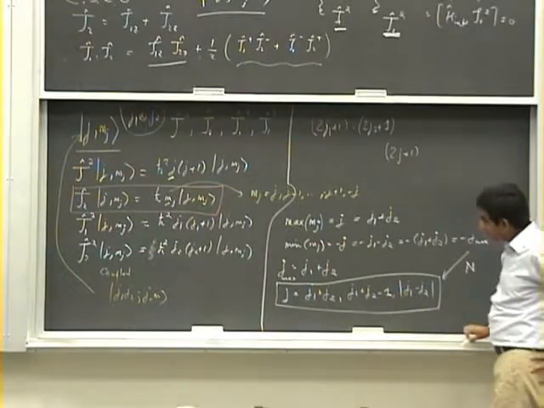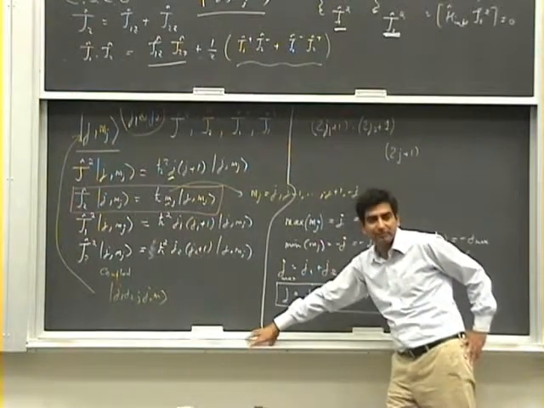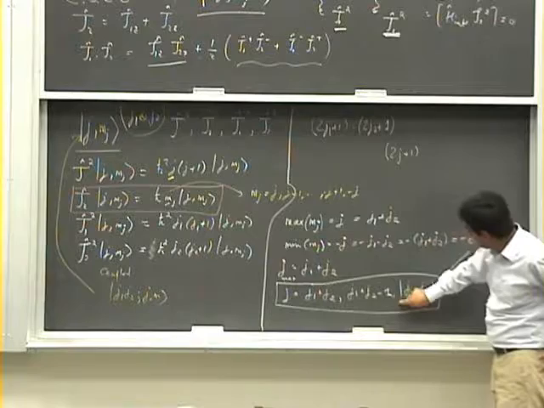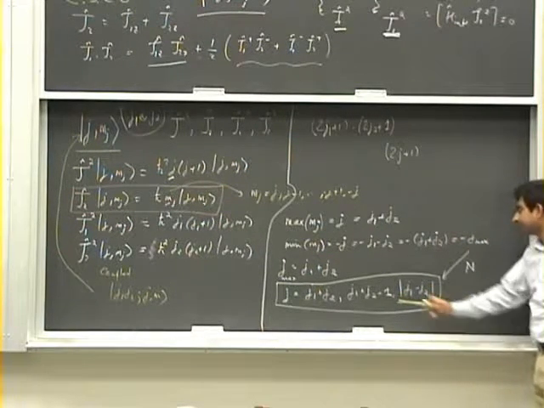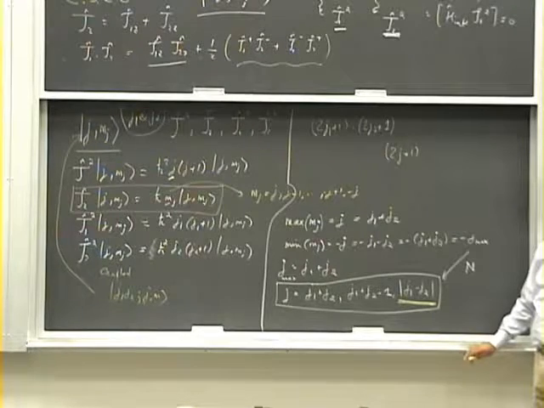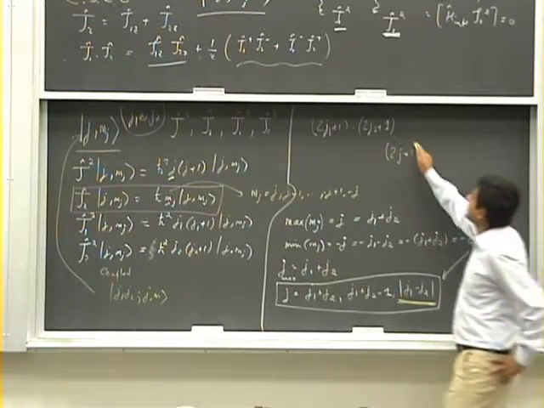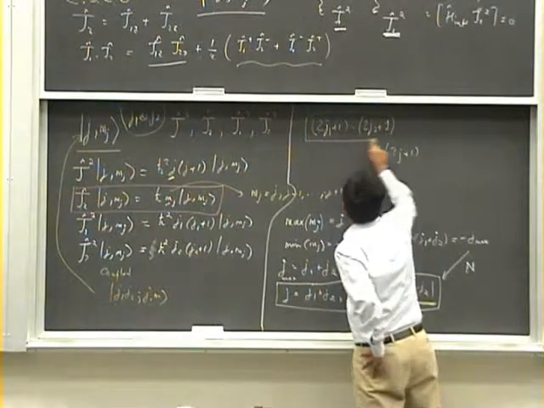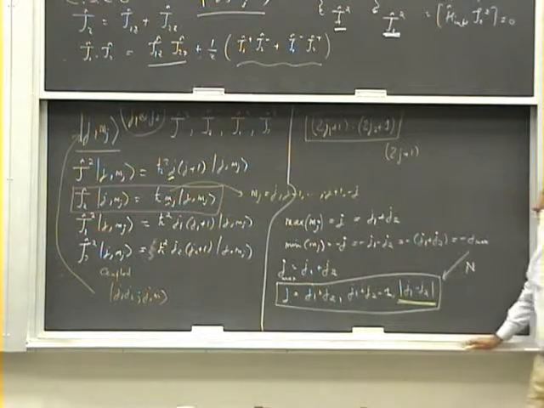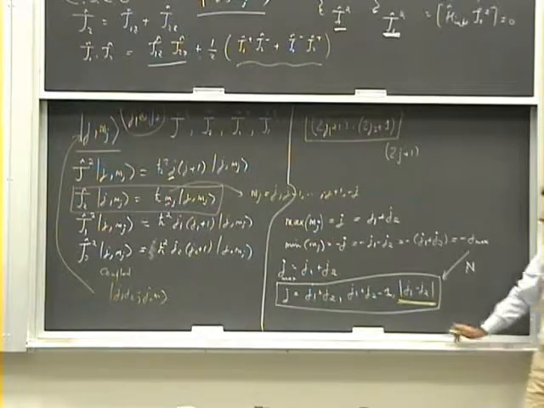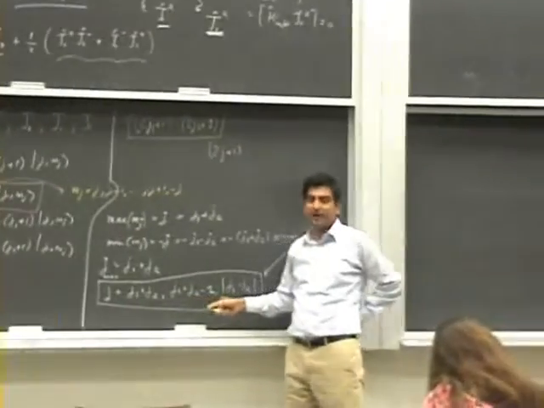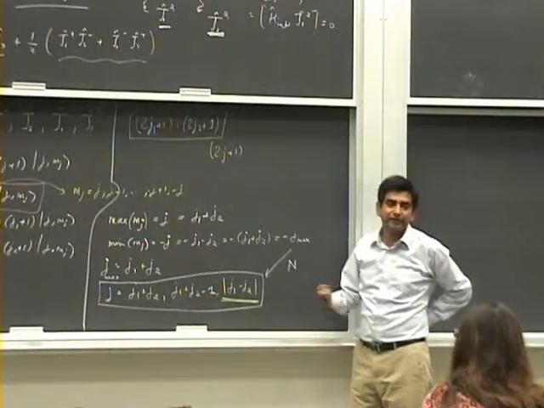So I would like to find out the minimum value of j. I know that the dimensionality of the joint Hilbert space is 2j1 plus 1 times 2j2 plus 1. Corresponding to each value of j, I have 2j plus 1 values of mj.